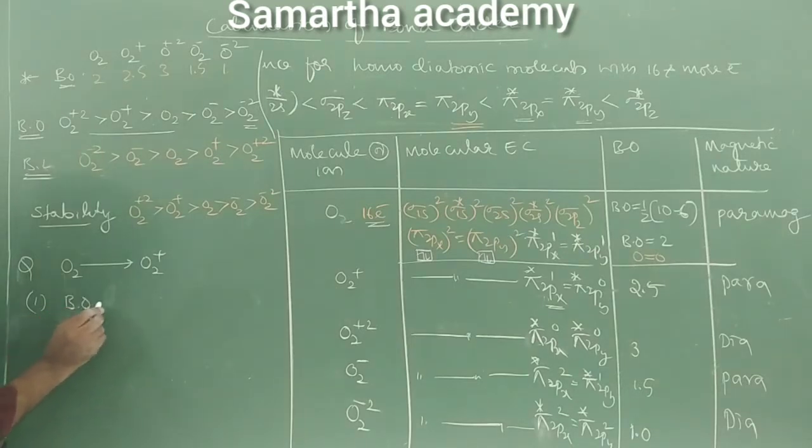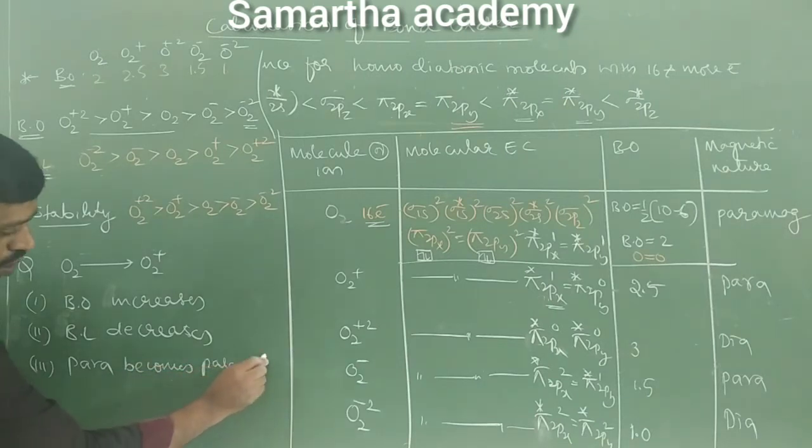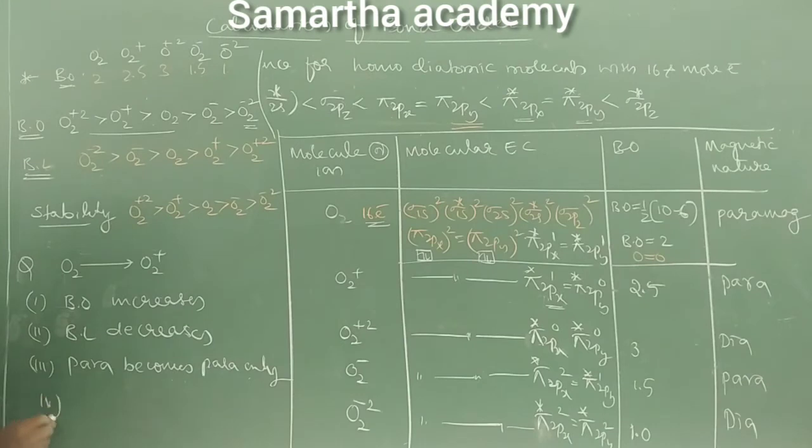Bond order increases. 2. Bond length decreases. 3. Para becomes para only. 4. All.